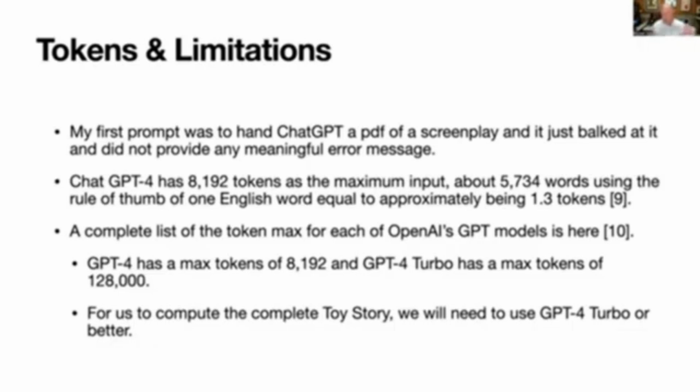And the complete list of the token max for each of OpenAI's GPT models is in reference 10. GPT-4 has a max tokens of 8,192, as I said before, and GPT-4 Turbo has a max tokens of 128,000. That ought to be enough for us to do Toy Story. For us to compute the complete Toy Story, we need that GPT-4 Turbo.